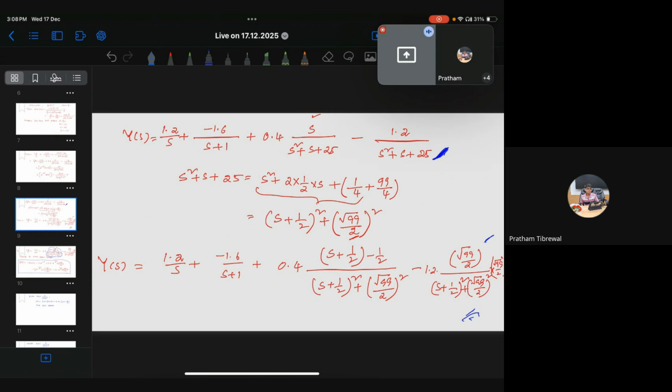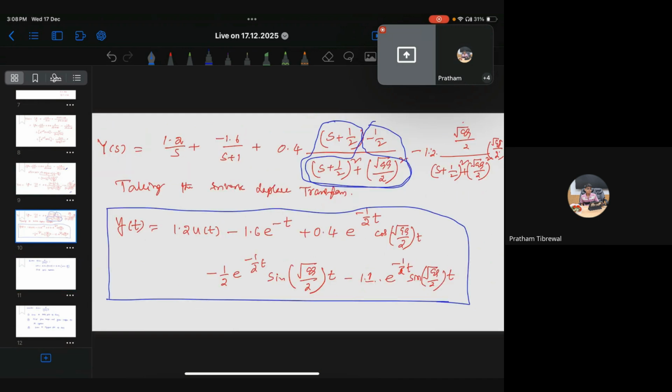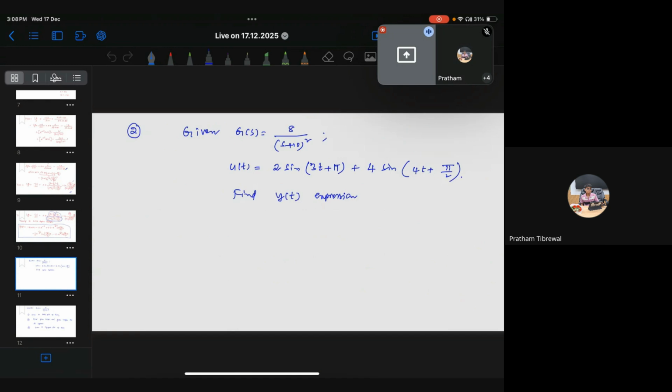So this is the overall view of the problem. Next question, I think it is straightforward. First we will go to the next question and come here if time permits.